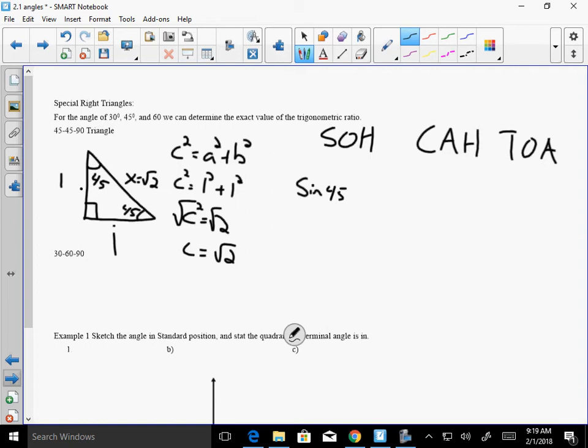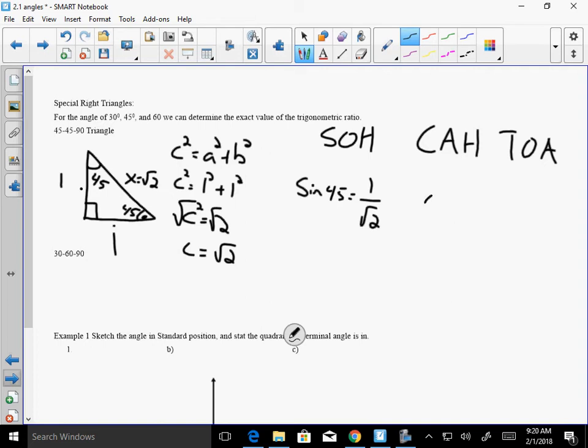So if I want to find sine 45, I know sine is opposite over hypotenuse, right? Let's say I'm using this angle. We'll reference this one here, so this would be my opposite, and this is my hypotenuse. Sine 45 is 1 over root 2.